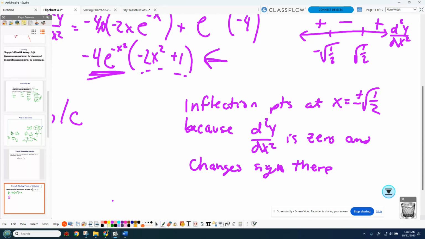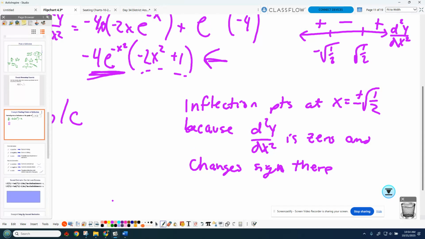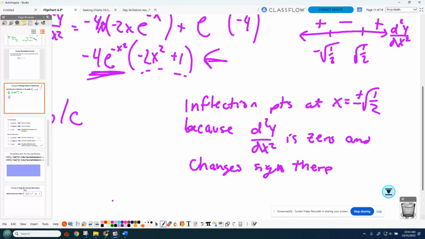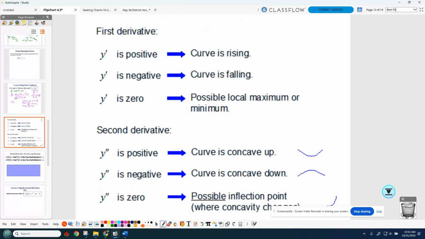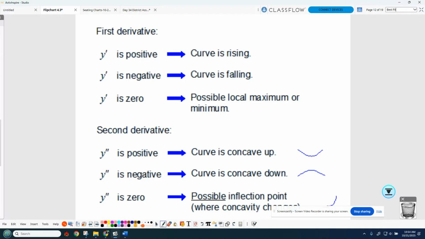Okay. Right, now here's where the bell's gonna ring soon enough. Not quite yet. So just, what do we know now? Well, if the first derivative is positive, the curve is rising.